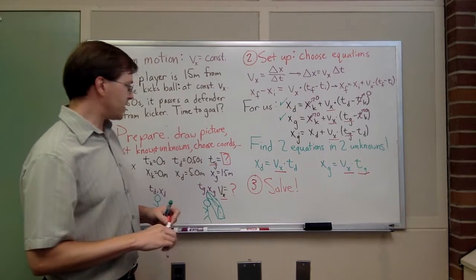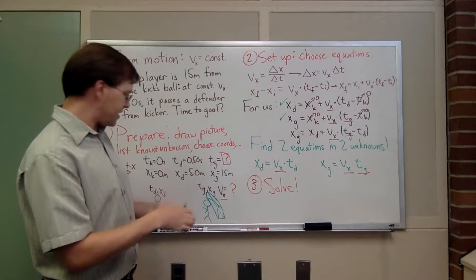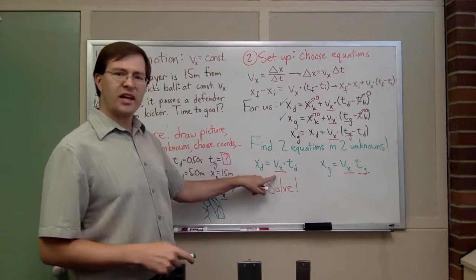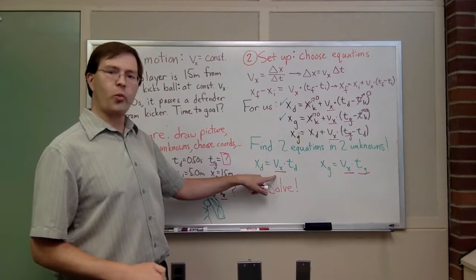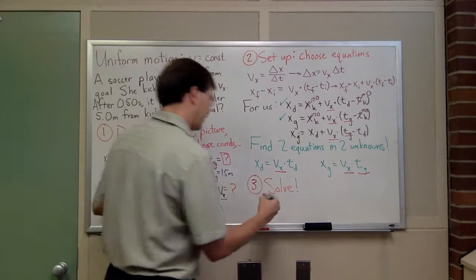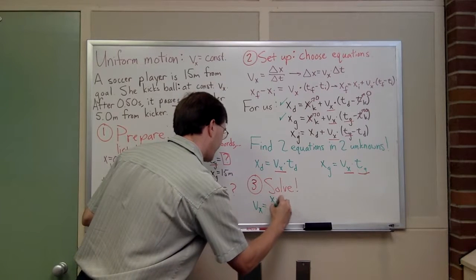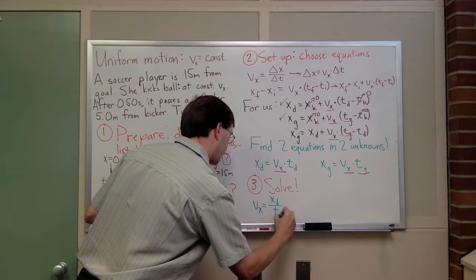So let's do this. When I look at this, I need to find these things. In this equation, I can find Vx right away because there's only one unknown in it. My velocity is x of the defender divided by time of the defender.